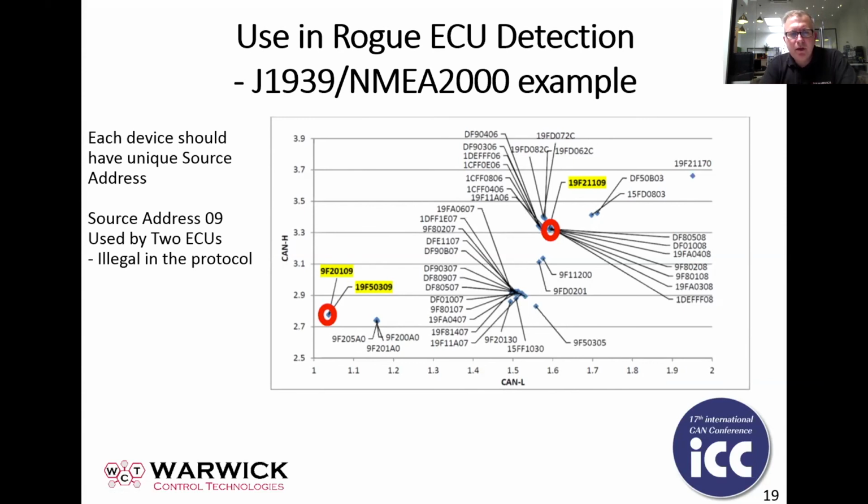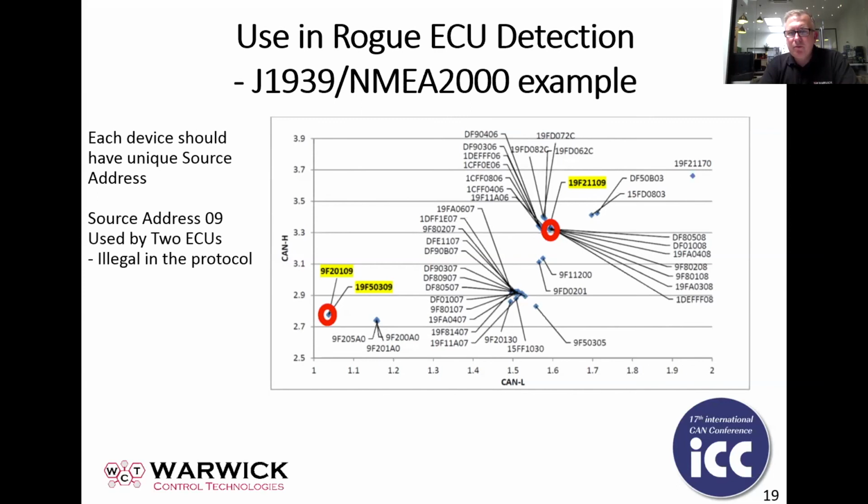In this case, each transmitting device should have a unique source address, and there's the possibility whereby the source address can be plug and play and be configured on the fly on the actual system, or it can be hard coded. In this particular system, we had two systems which were transmitting on source address 09, which created some interesting side effects.